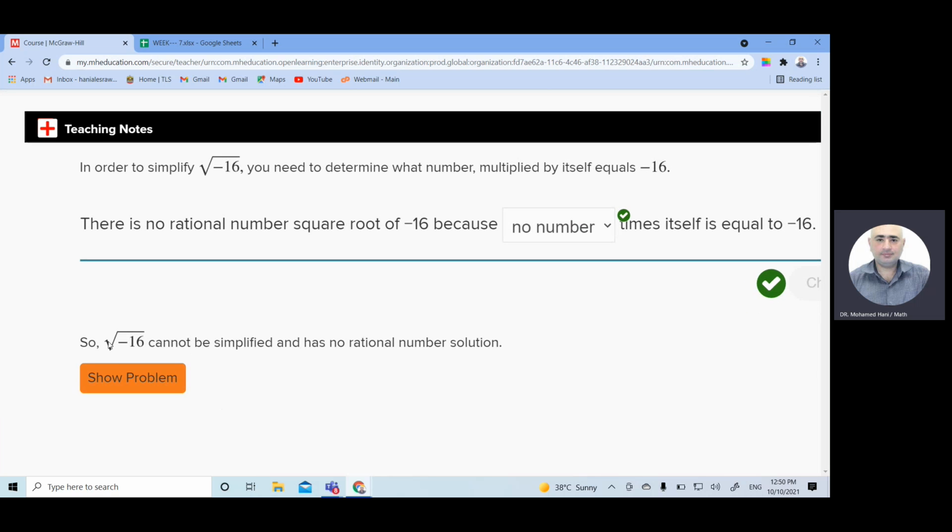The last line here: radical minus 16, or square root of minus 16, cannot be simplified and has no rational number solution.